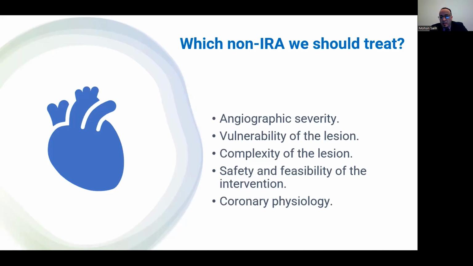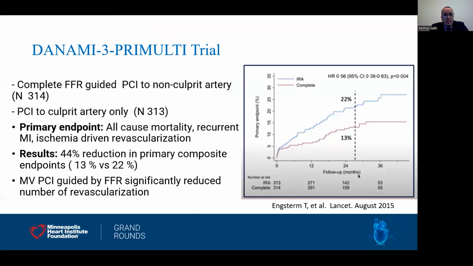Should we just treat the lesion if the intervention will be safe and feasible? If not, then just leave it. Do we have coronary physiology? Because of all those questions that came after the last two studies, the next trial came to answer the question: is there a role for physiology?